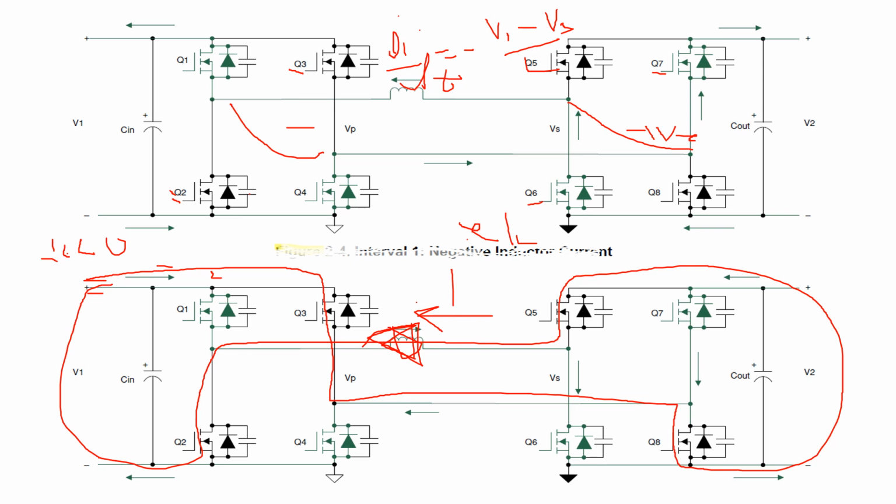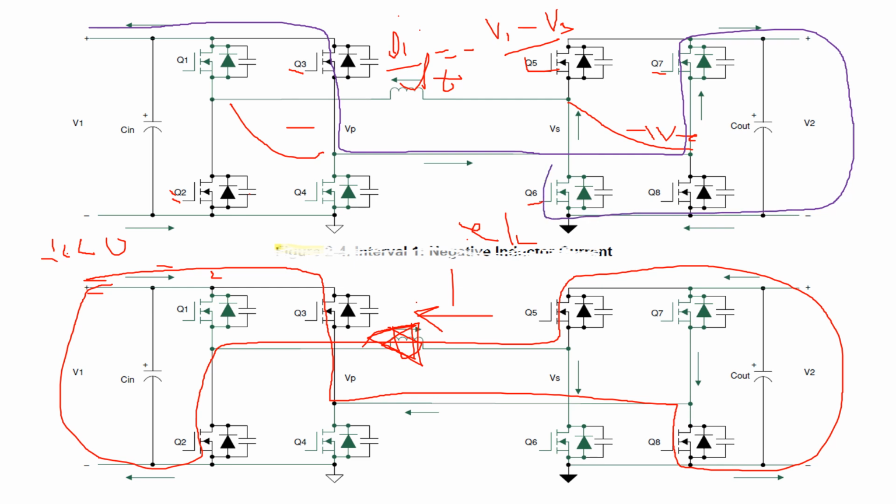The current from the primary side comes this way, goes down to Q3, comes this way, goes all the way up to Q7 to the V2 voltage source on the secondary side, which can be a load, and comes back to Q6. Then the current is fed back, as bidirectional, to the primary side, so it goes around this way. So the direction of the current is this way.